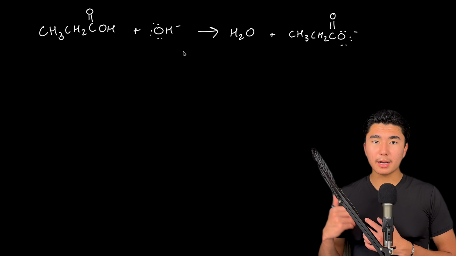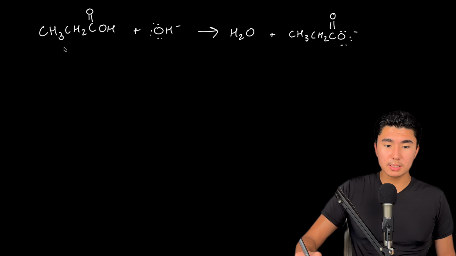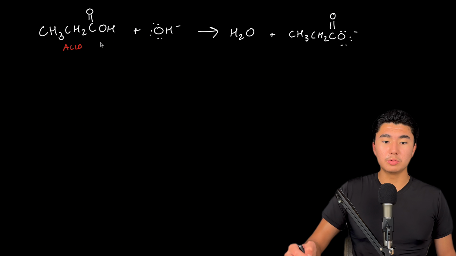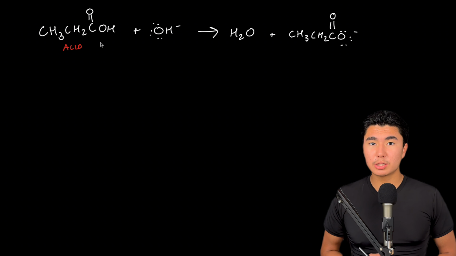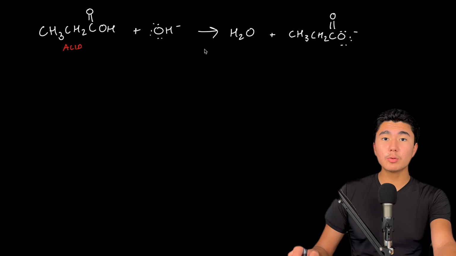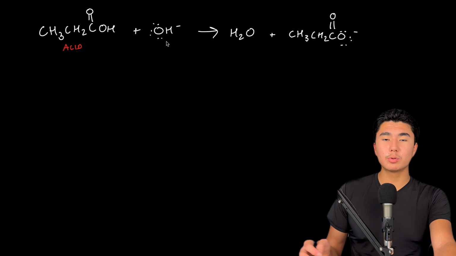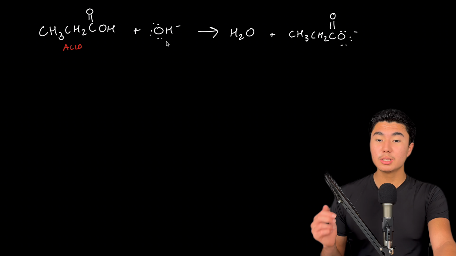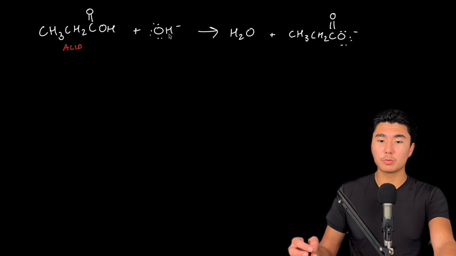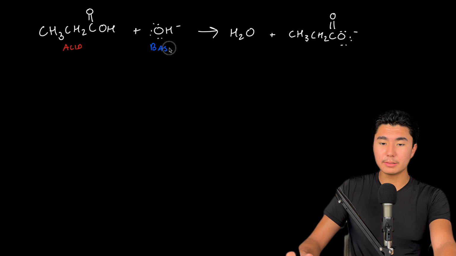When we lose a hydrogen, we're pretty much adding hydrogen to the solution, which makes this an acid according to our Bronsted-Lowry definition of acid, as well as our organic definition of acid. Now this hydroxide over here will turn to H2O, and we have a negative charge, and we also have lone pairs on that oxygen. So this is pretty electron rich, and this is what's going to form our base.